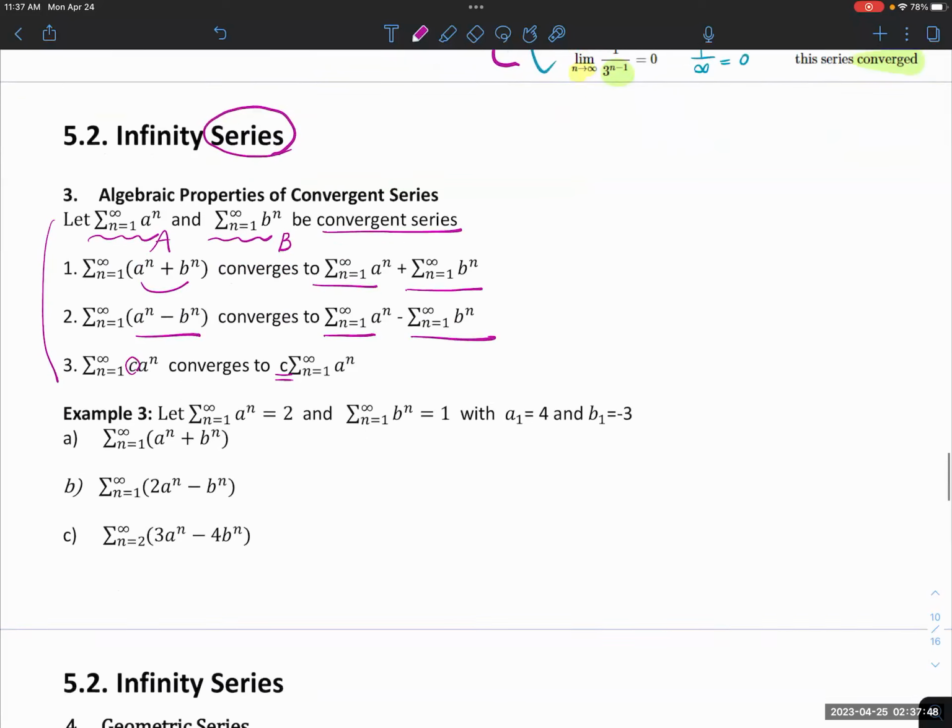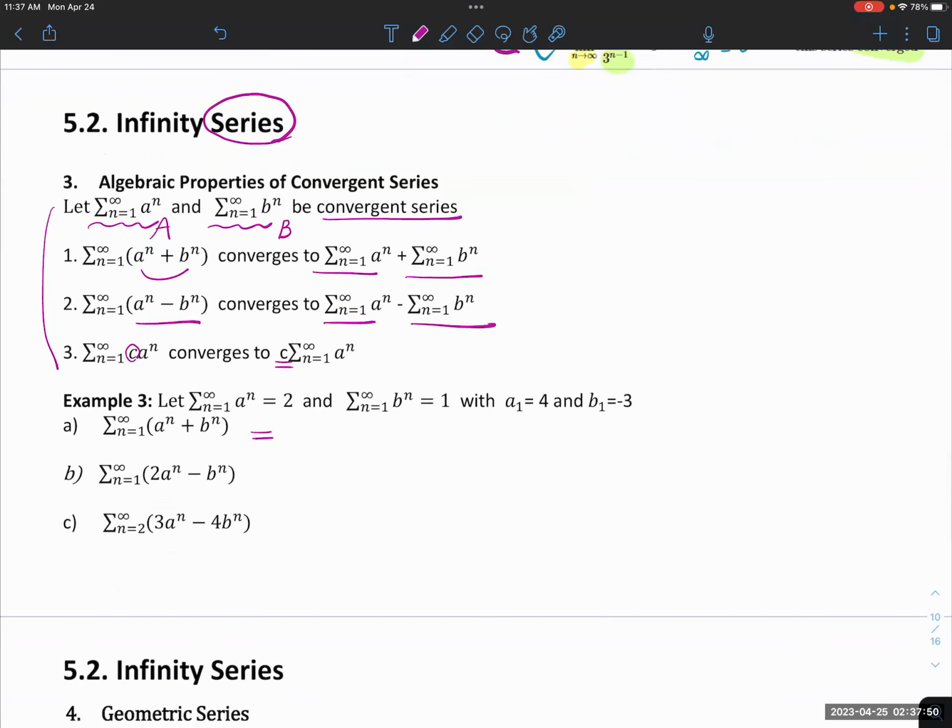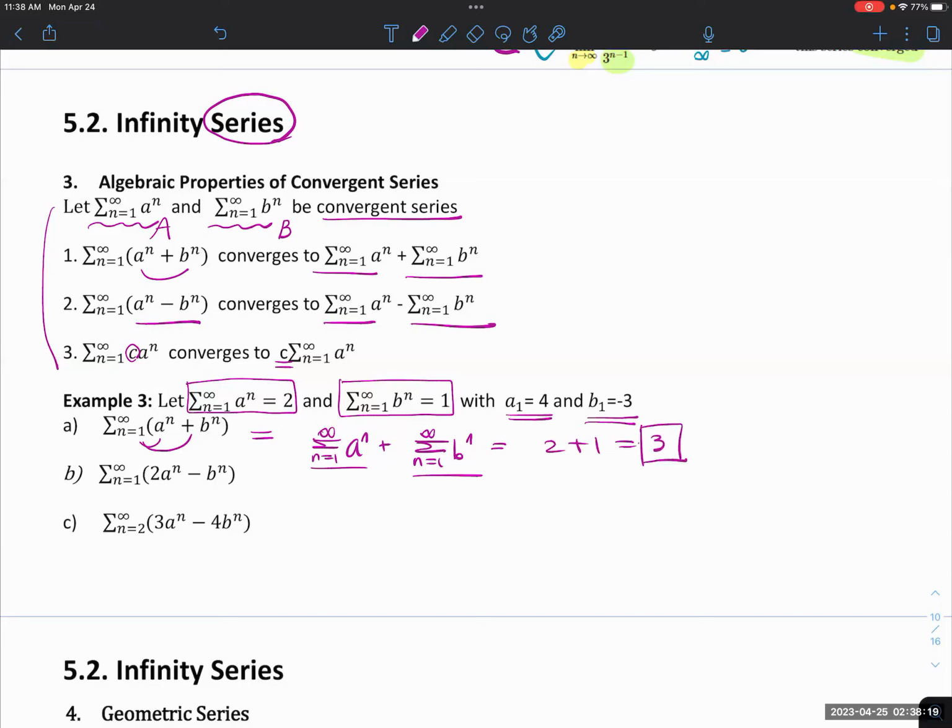So based on this concept, let's take a look. The first series converges to 2. The second series also converges to 1. And they gave you the first number of each sequence and series. So what are the values A, B, C? I can separate it according to the property: the sum of an plus the sum of bn. We know where they're heading to: 2 plus 1, the answer should be 3. Simple.